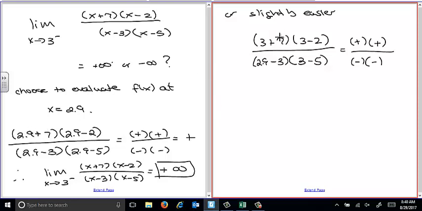If I'm trying to conclude whether this term is positive or negative, using a whole number is going to be a lot easier than using a decimal. So you still get positive, and therefore you make the same conclusion. Either way is fine, depending upon how you feel about the whole thing.